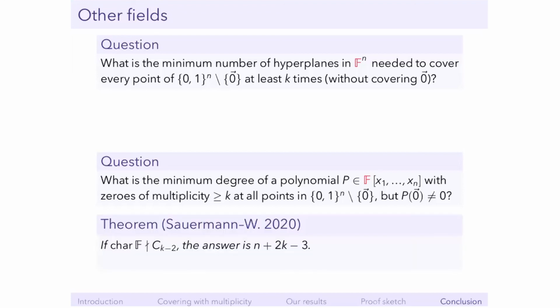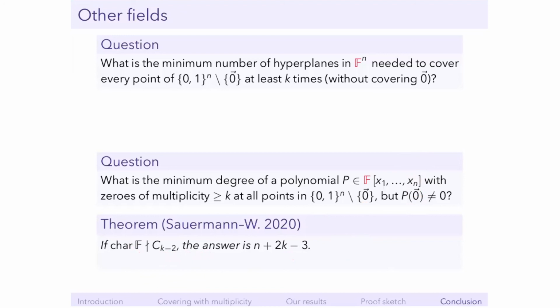So here's one thing that follows from our results. For this algebraic question, one thing we can prove is that if you have a field and its characteristic doesn't divide the corresponding Catalan number, then the answer to this question is still n plus 2k minus 3. You have to be a little bit more careful, but basically the same proof I showed you works, where the final step was we had some complicated sum that we wanted to be not zero.